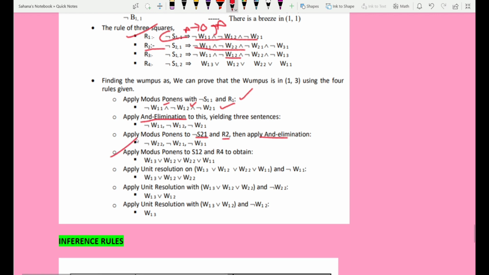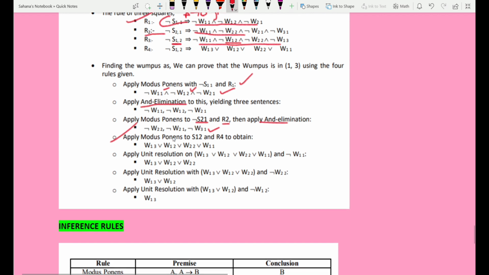Then apply modus ponens to S12 and R4 to obtain this one, and again we will remove the AND operator.